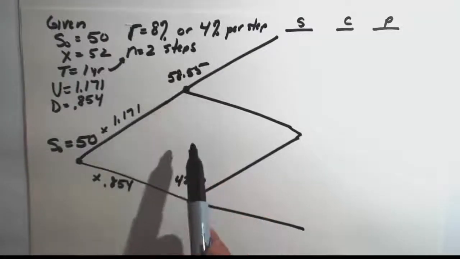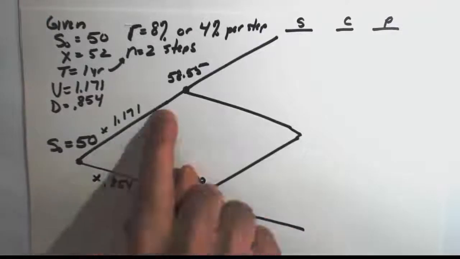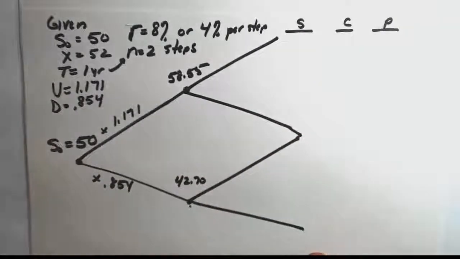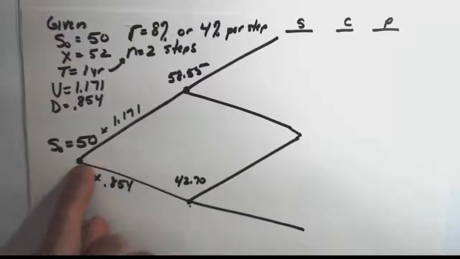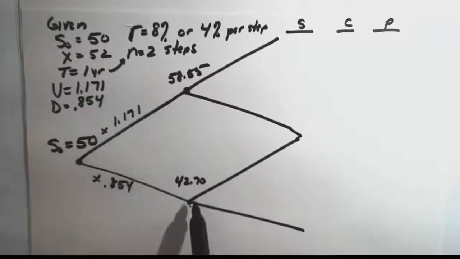What we want to do is fill out this lattice work for the stock price all the way to expiration, and that's why I have the S here for stock price. We have a binomial, up or down. Two ways you can go. You can't go any other direction. There's just up or there's down.